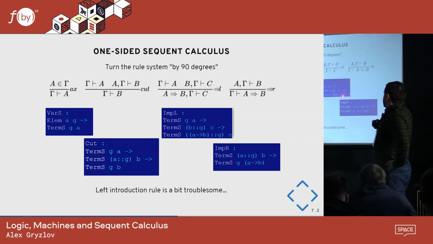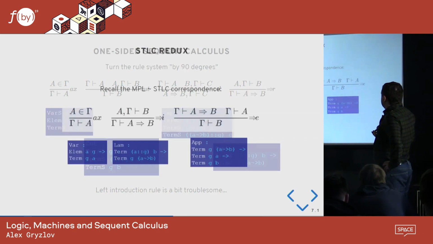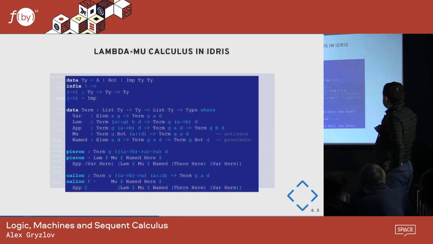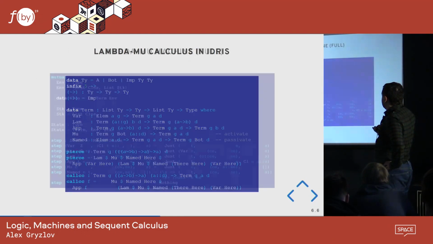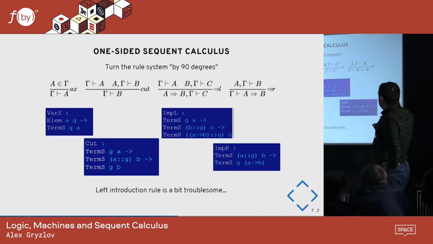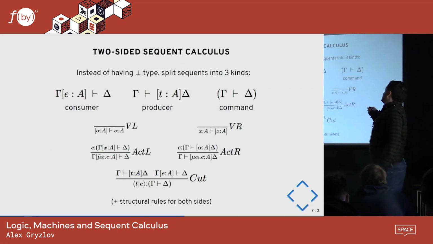If you do this naively in this way, then this rule will cause you trouble. Just like we had in this lambda-mu calculus, the context on the left and the context on the right and some kind of type. You can think of this as the focus, the thing that you currently focus on. So how would you do a full sequent calculus for classical logic?